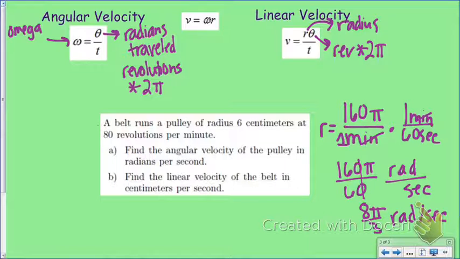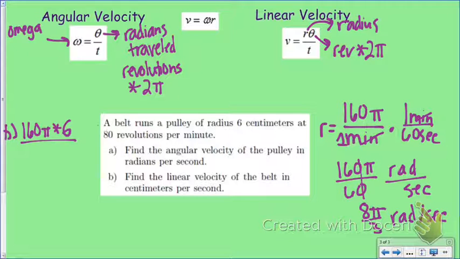So part B says to find the linear velocity in centimeters per second. The only difference here for part B is that I don't just need 160 pi, I need 160 pi times that 6 centimeters. And then I see how long it took me to do that.